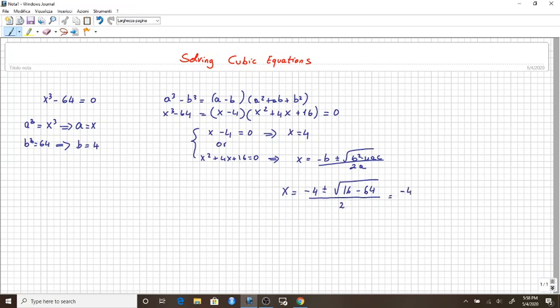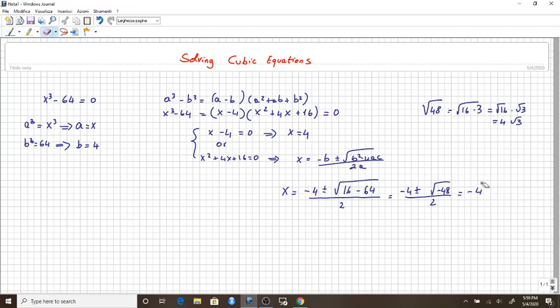So we get negative 4 plus and minus the square root of 16 minus 64, which is the square root of negative 48, divided by 2. Now the square root of 48 I can write as the square root of 16 times 3. We know the square root of 16 is 4, so this is the same as 4 square root of 3.